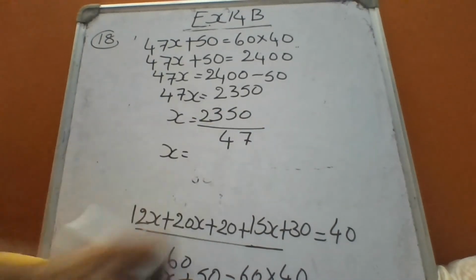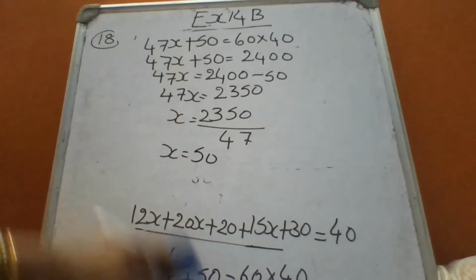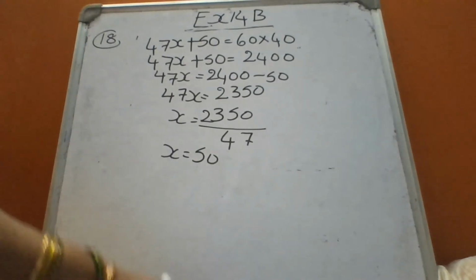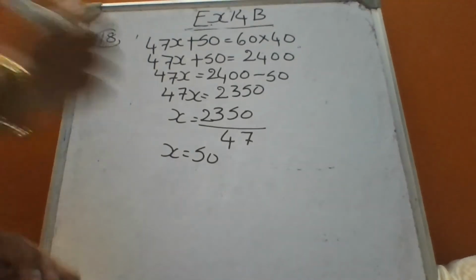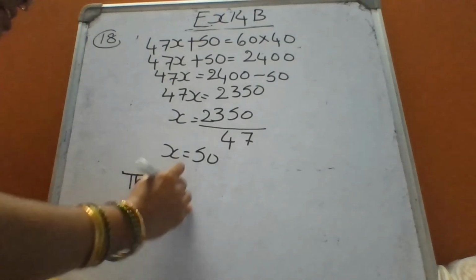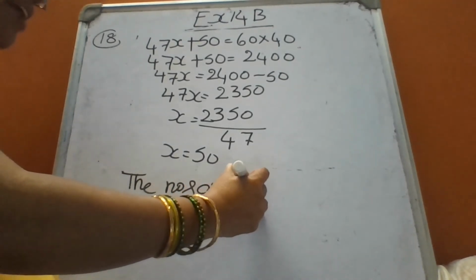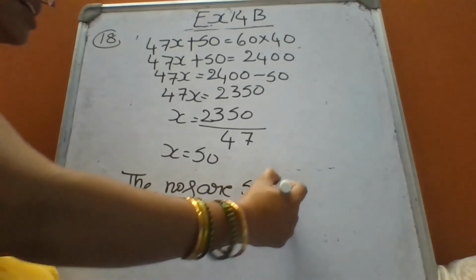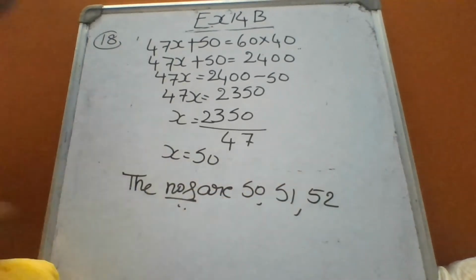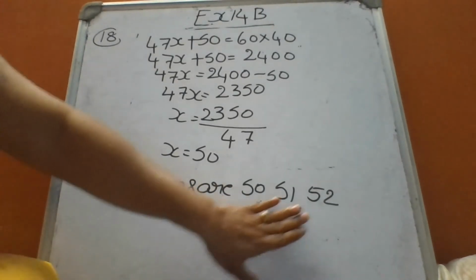So, x is equal to 50. If you divide, you get 50. So, among the three consecutive numbers, the first number is 50, the second number will be 51, the third number will be 52. So, the 3 consecutive numbers are 50, 51 and 52.